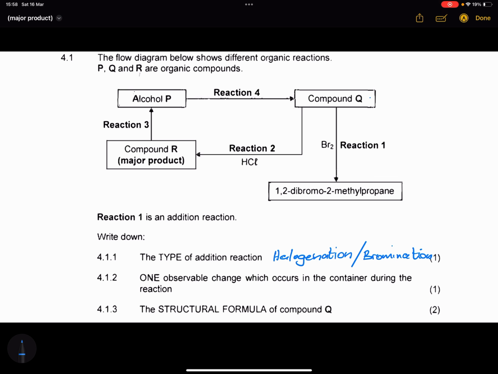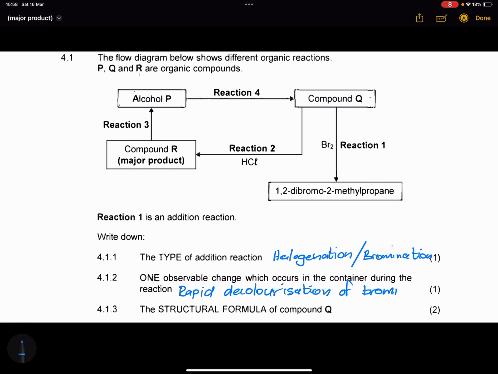Right, now they say to us one observable change which occurs in the container during the reaction. Okay, one observable change would be the rapid decolorization of bromine water, right?